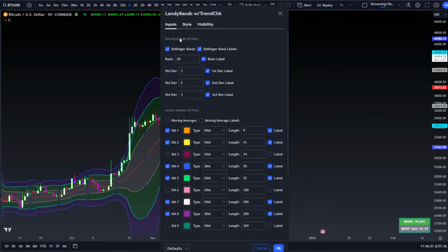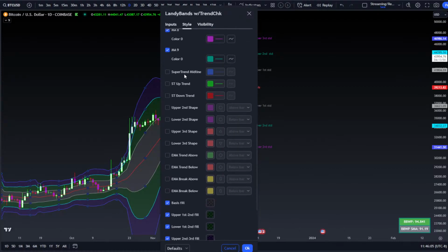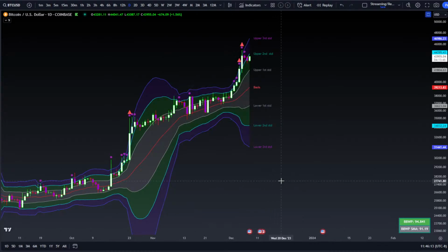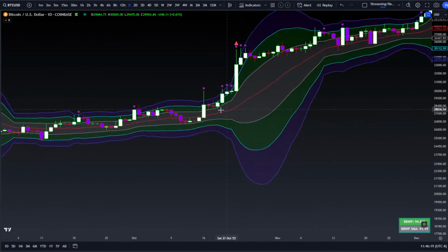This also has a few extra features in it. What you will see here is the upper second shape, lower second shape, upper third, and lower third. This is for the Bollinger Bands. All this does is let you know if the candle, because you can see it's very close here, closed above the upper second to kick off expansion. I can't tell.